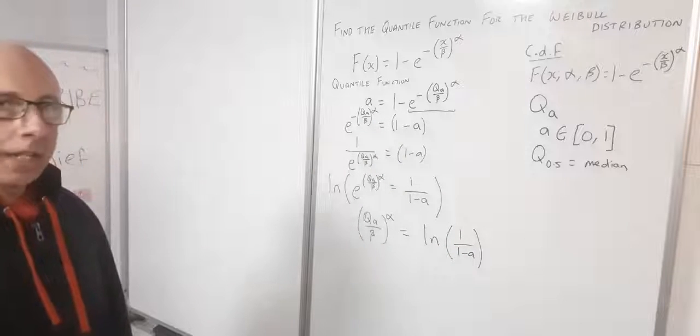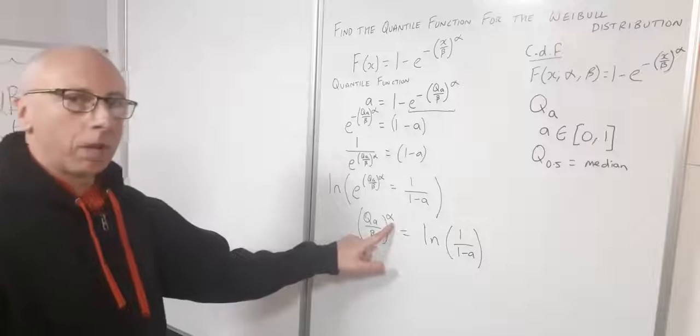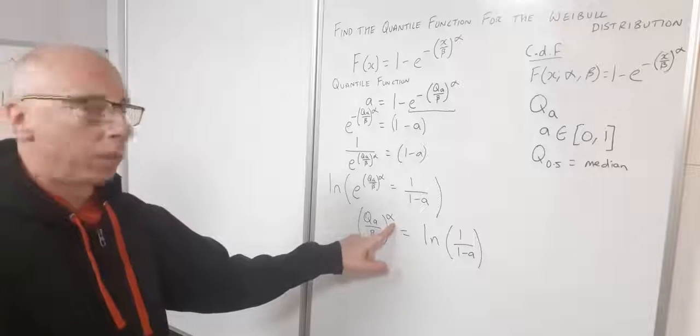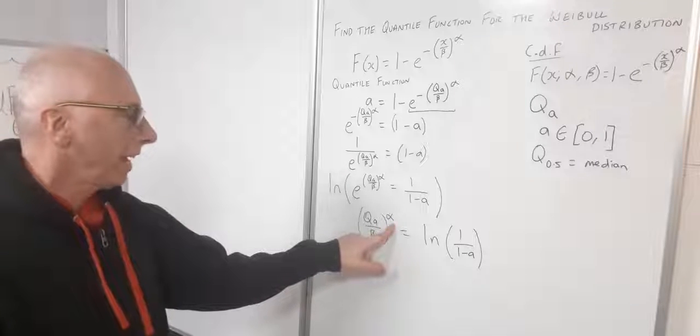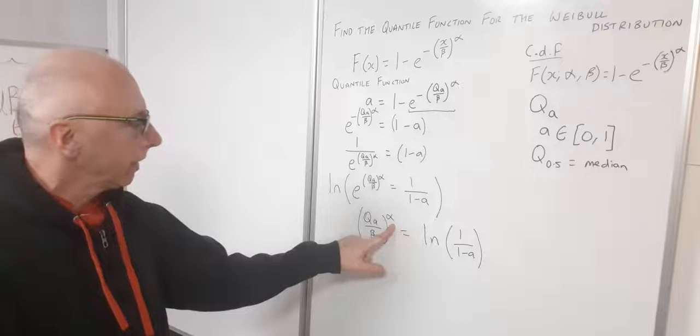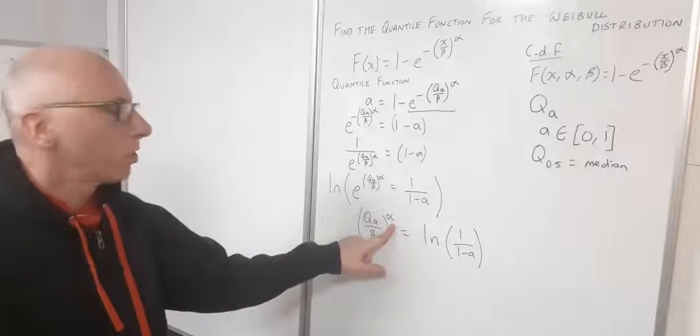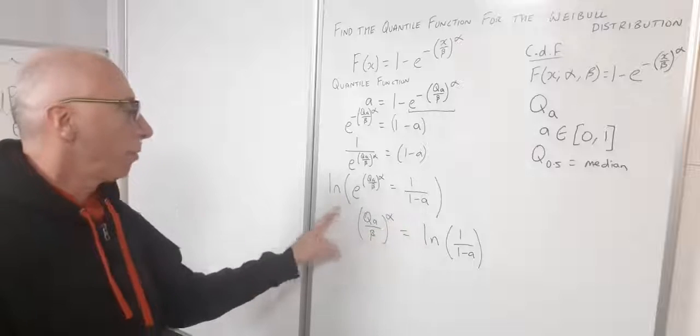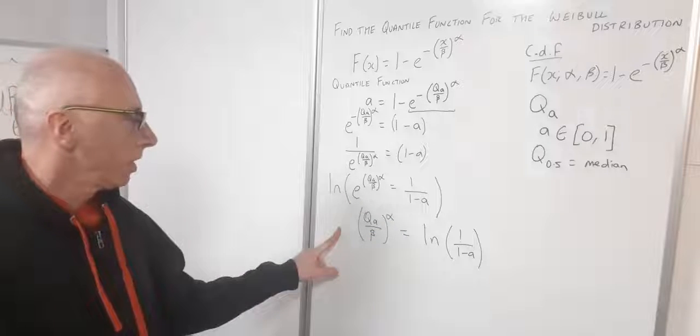Okay, now I've still got my alpha variable in here, so I need to try and get this out. To do that, I need to take the natural log on both sides again, and that will bring my alpha to this side.